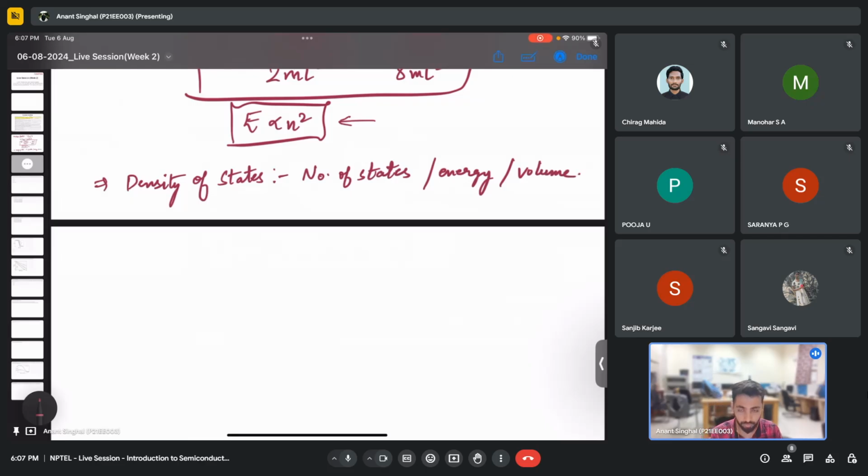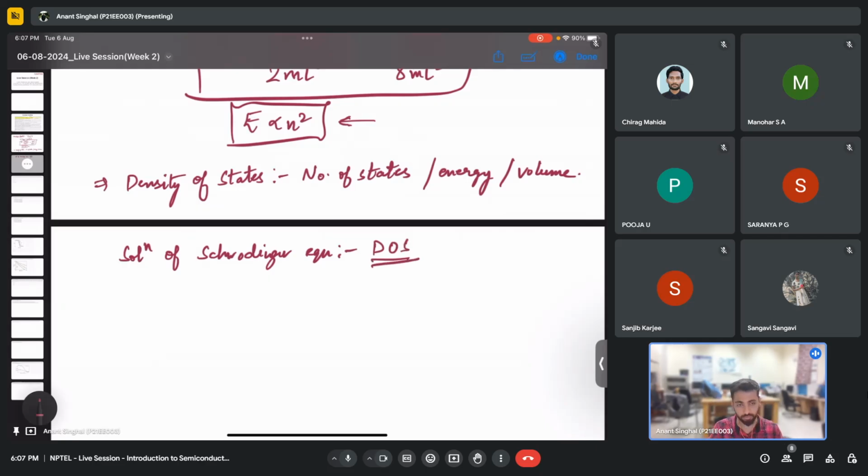The basic motivation to study the Schrodinger equation first is to get the idea of the quantization of energy, and we basically solve the Schrodinger equation. The solution of the Schrodinger equation basically gives you the density of states.